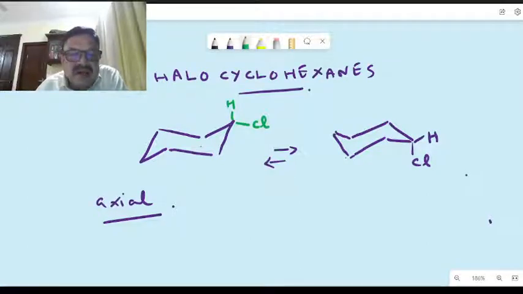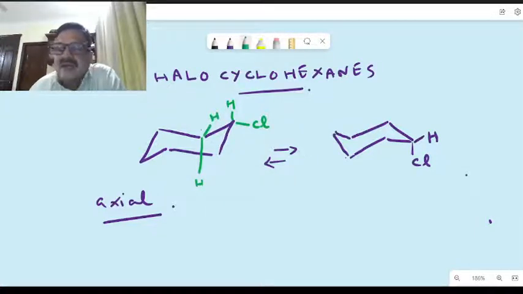Here is an axial hydrogen on this beta carbon atom, and this is the equatorial hydrogen. This is of course the alpha carbon, you know that.